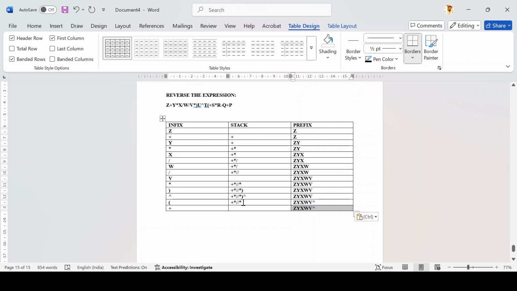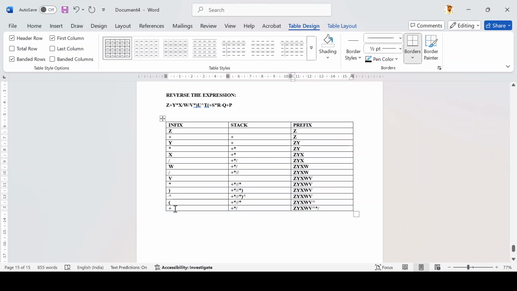So the top of the stack is multiply, that gets popped out. The remaining is going to be plus, multiply, division, division. The incoming operator has less precedence than the top of the stack, so pop the division to the output side, then repeat the same step.